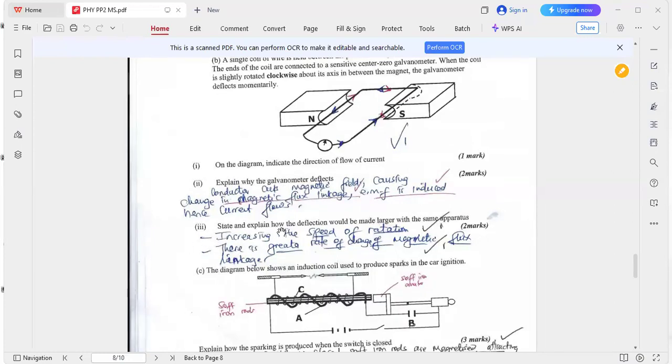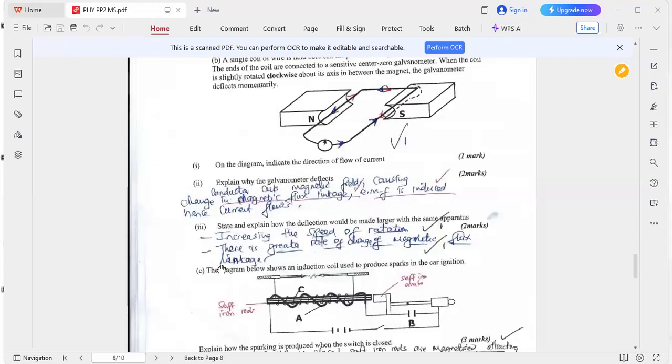Roman 3, state and explain how the deflection will be made larger with the same apparatus. So we are being asked on the factors affecting the magnitude of induced EMF. One of them, we said, the rate of change of magnetic flux linkage, which is the speed of rotation. So we increase the speed of rotation because the question is asking for larger current to flow. So increase the speed of rotation.